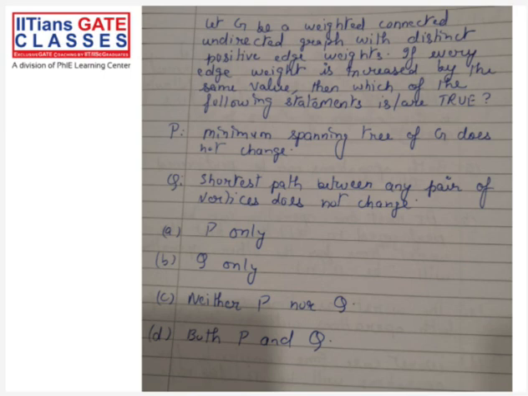All right, so in this question, P is true, right? The minimum spanning tree does not change, but the weight will change, right? This is true. Now, can you give me an example why Q is false? If you all are saying A, why Q is false? Just tell me an example, or tell me a fact which will help me understand why Q is false. It is saying the shortest path between two pair of vertices does not change.